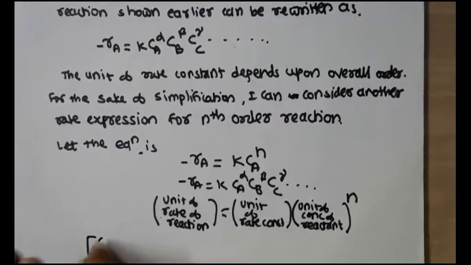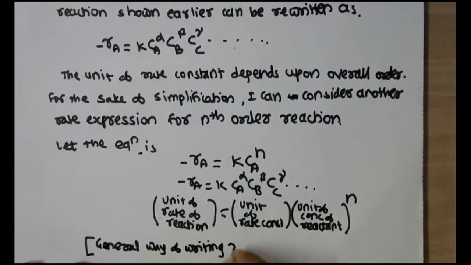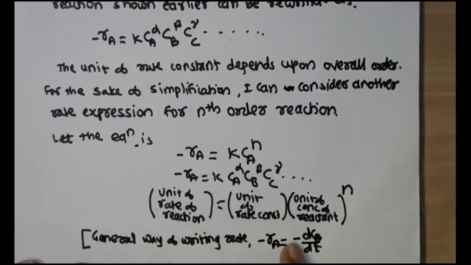The general way of writing rate is minus RA is equal to minus dCA by dt. Change in number of moles per unit volume per unit time. Moles upon volume is concentration, so we have considered this as a concentration.